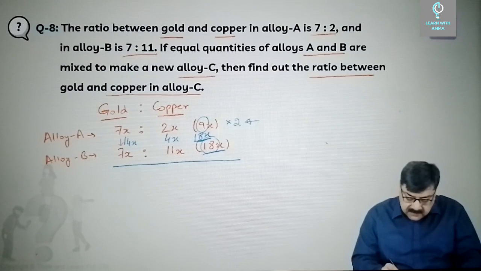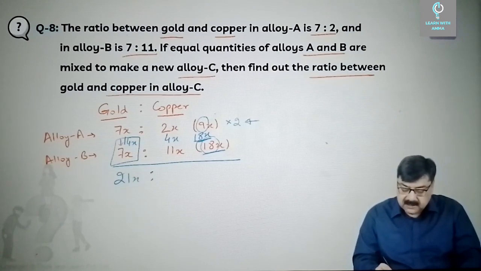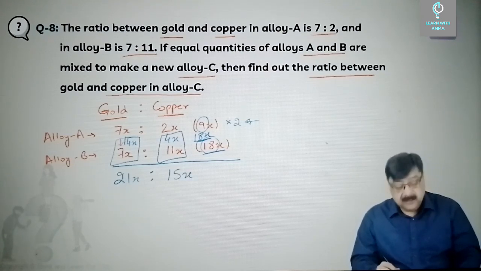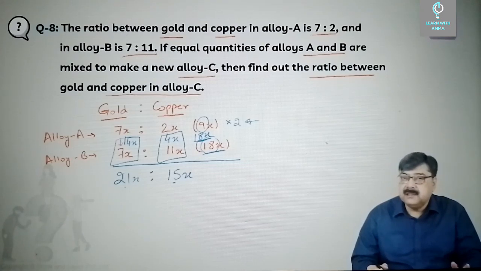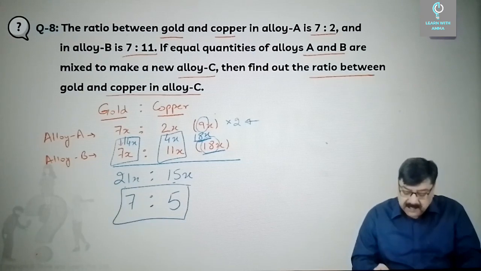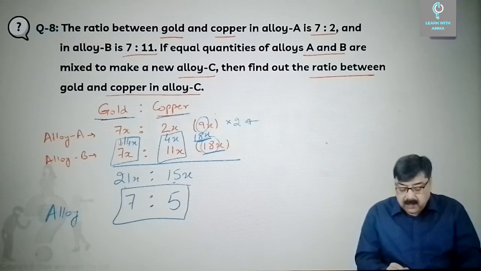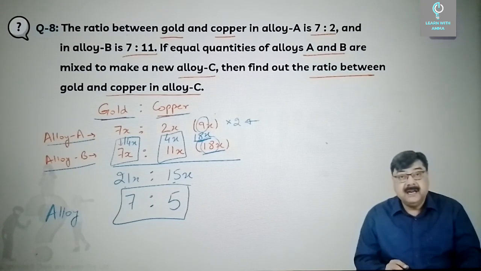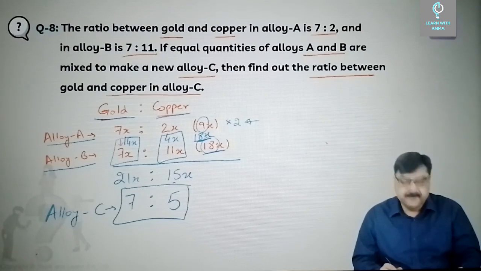So add these, 14x and 7x is 21x, then 4x and 11x is 15x. Now 21 and 15, both these figures are divisible by 3. So 7:5 shall be the ratio between gold and copper when equal amounts of alloy A and alloy B are mixed. This will be the ratio in alloy C.